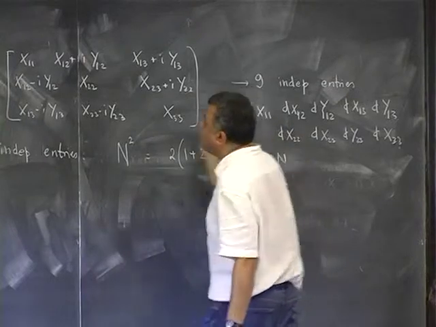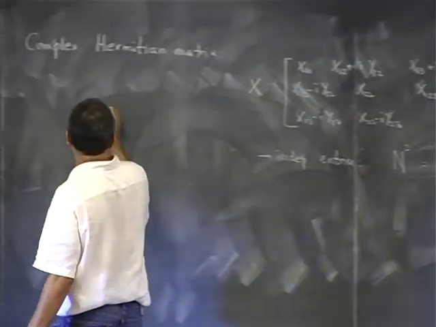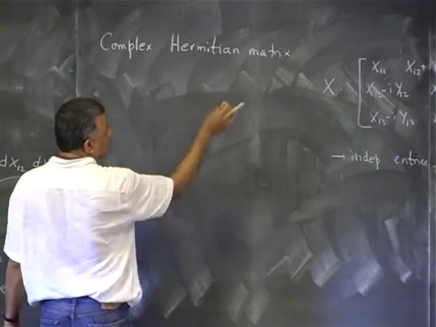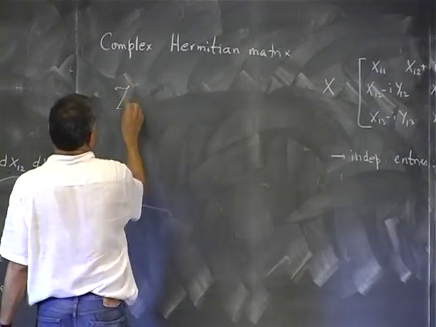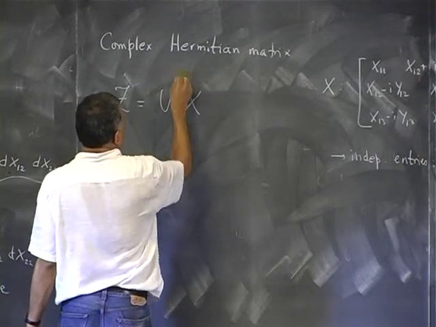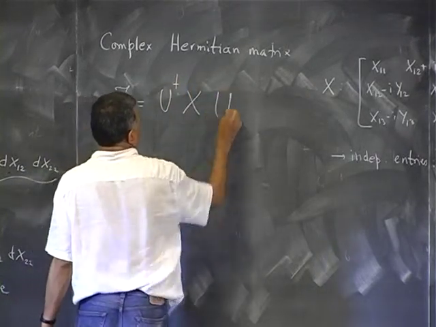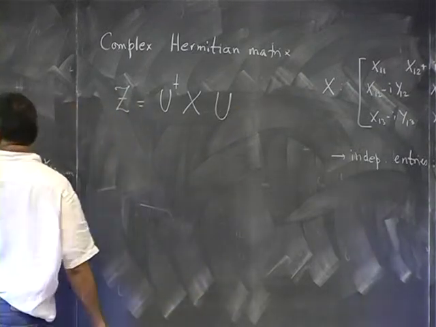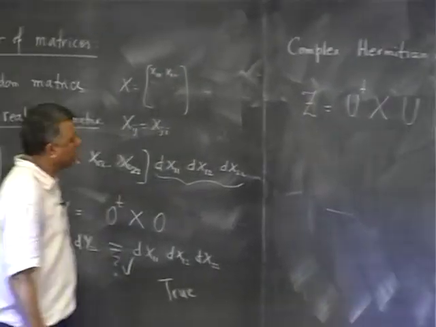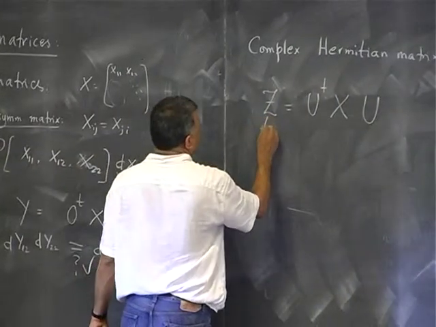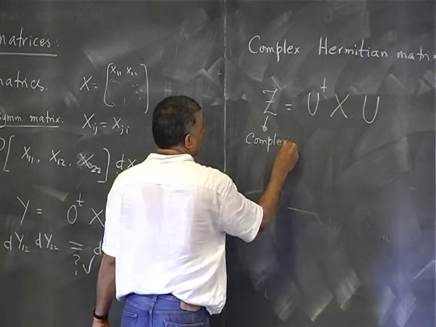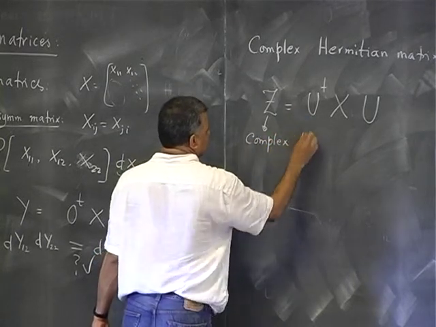Now I make a unitary transformation. That means I define a new matrix, I've used y already, but let's call it z, as u x u dagger, the same thing as in the orthogonal case. This will also remain complex Hermitian, because under a unitary transformation it doesn't change its character.